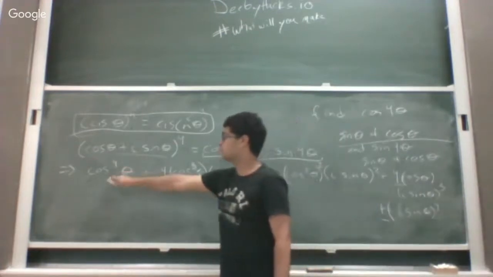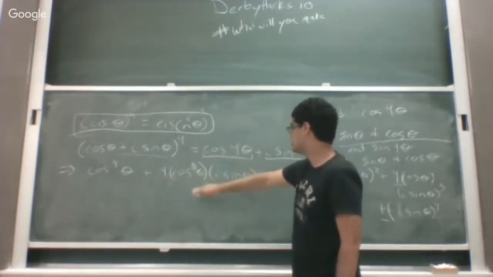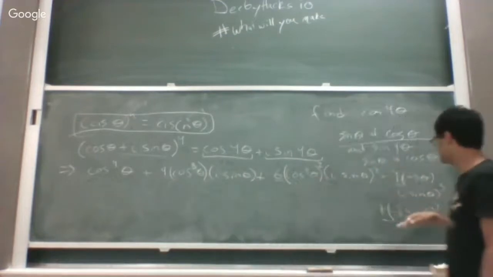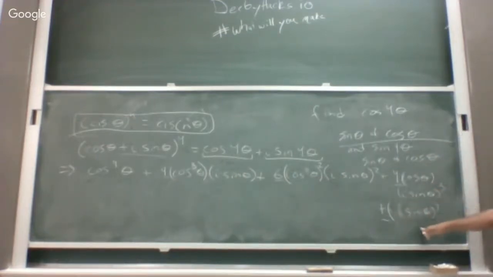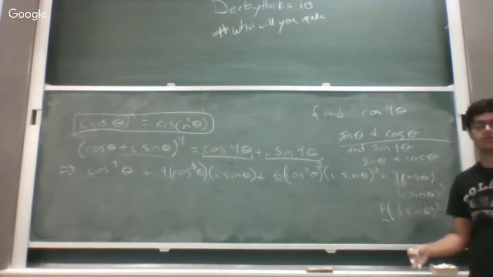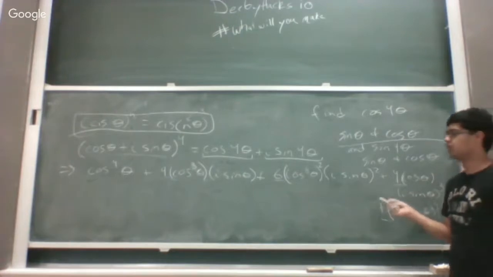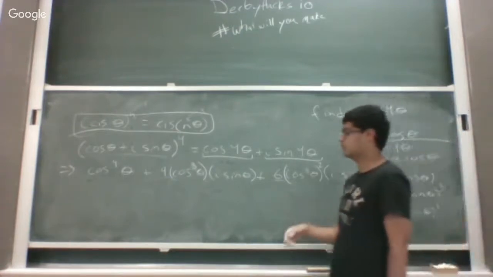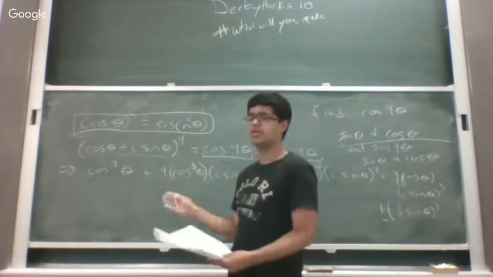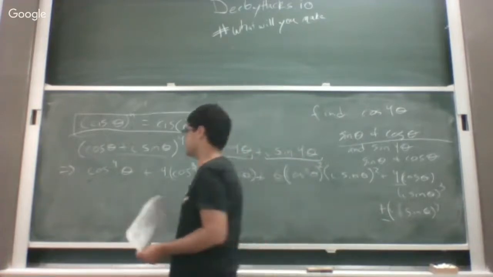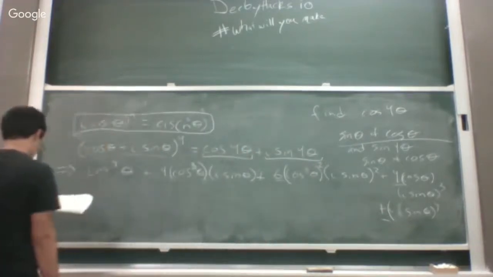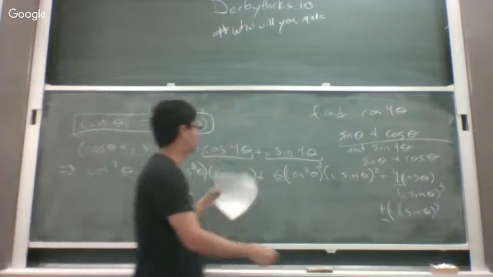So the power is to the fourth on cosine, then cosine cubed, cosine squared, no power, and then you don't have it, and then you do the same thing backwards for the second term. Okay? So that's with the fourth power, and then for third and second, you can just multiply.